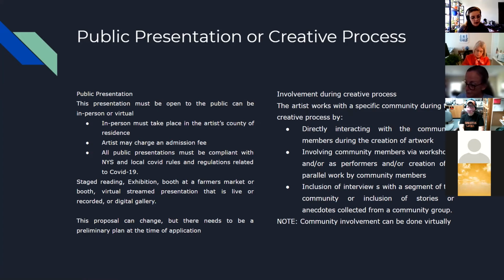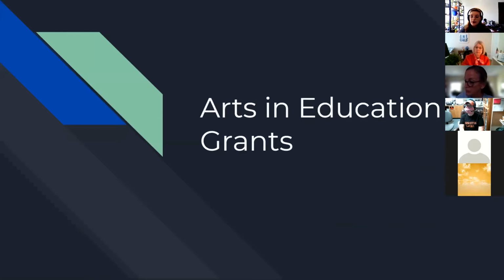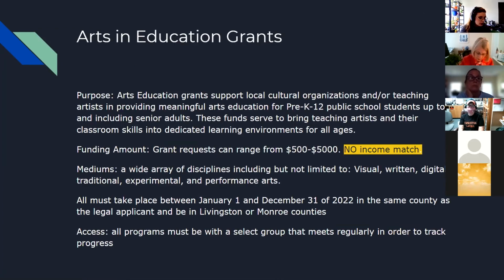Okay. So that is everything for the individual artist grant. So we're going to get into the arts and education grant, and this is our last grant type before we get into the process. The purpose of the arts and education grant is to really bring teaching artists and cultural organizations or schools together to promote art within teaching environments.